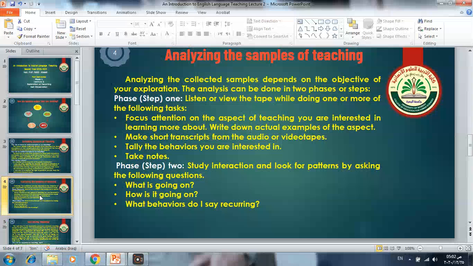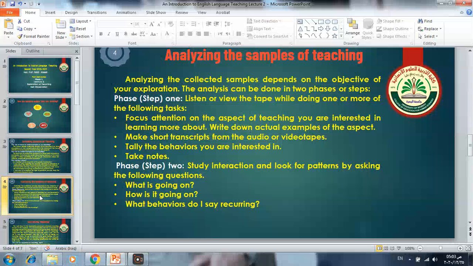Later, you make short transcripts from the audio or the videotapes. You write a kind of scenario of what happened inside the classroom. Then you divide the behaviors you are interested in. What are the behaviors you are interested in? For example, you are interested in the students' reactions to questions, so you write down that kind of behavior. If you are interested in how students receive explanation, you write about it.